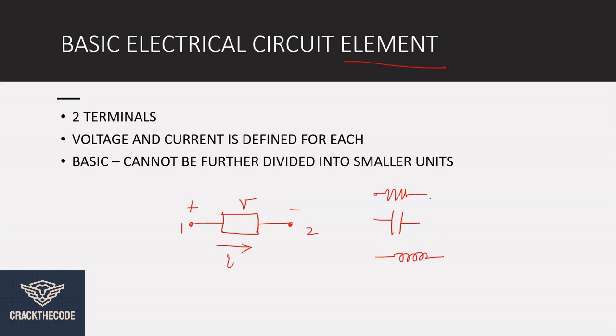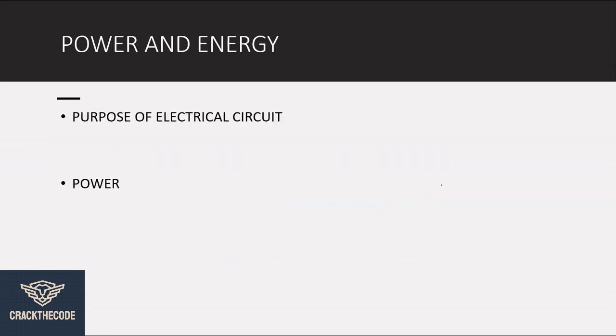Each of these has two terminals, the terminal voltages for each of these elements can be defined, and the amount of current passing through each of these elements can also be defined. And it's one of the most basic. There is no such thing as a sub-resistor or anything like that. This is the basic unit. This resistor cannot be broken down into smaller units. So that's the basic element.